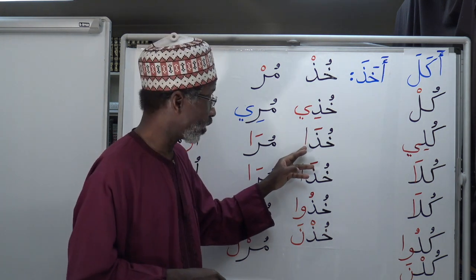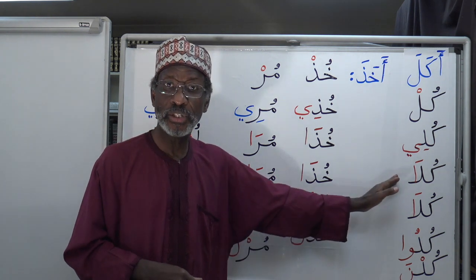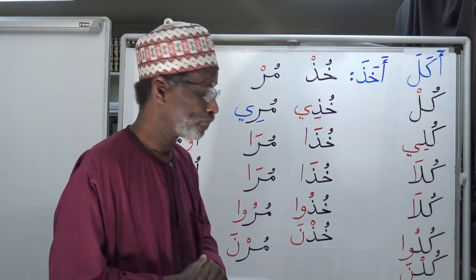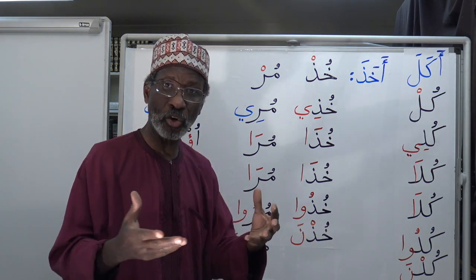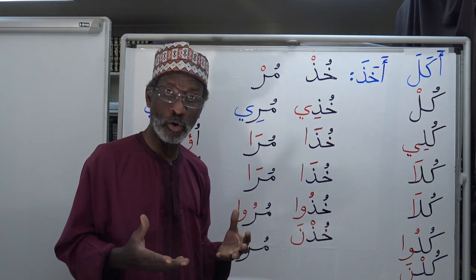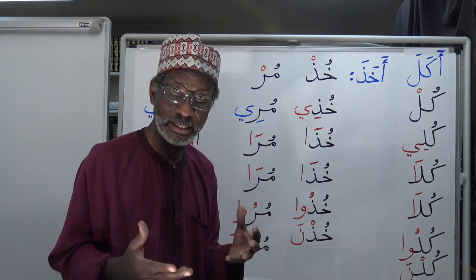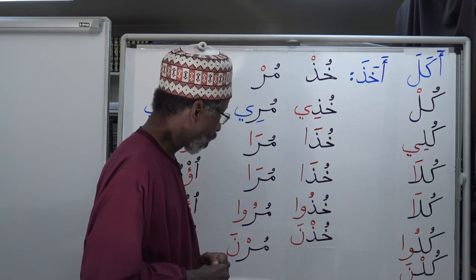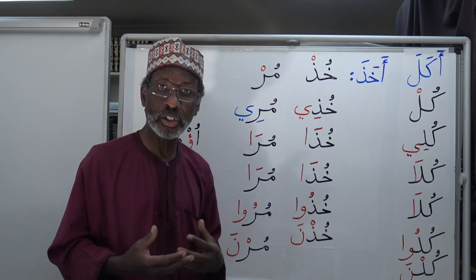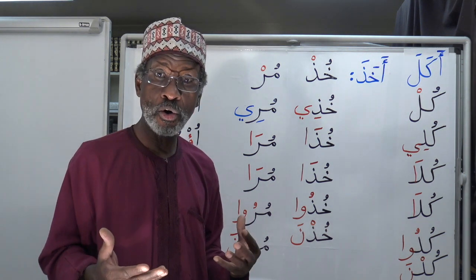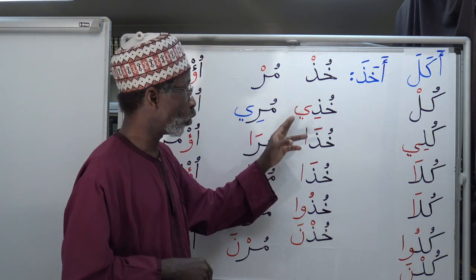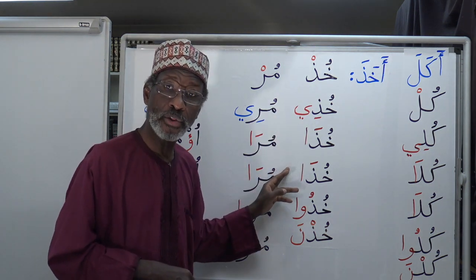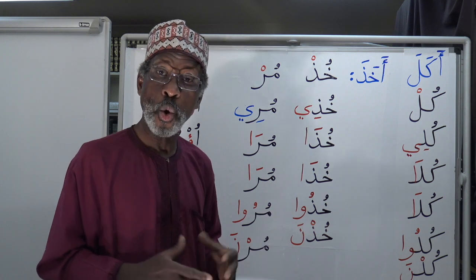Dual, khudha, khudha, just as you say kula. Khudhu, take, you are instructing a group of men or boys or mixed gender. Khudhna, here you are instructing three or more females. So khudh, khudhi, khudha, khudha, khudhu, and khudhna.